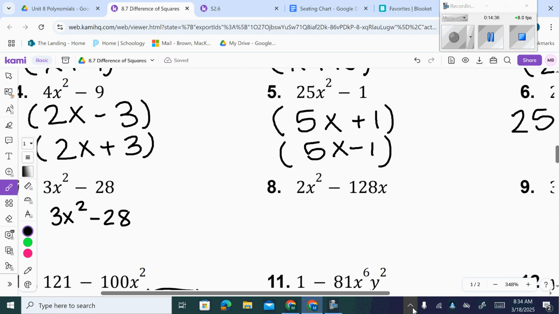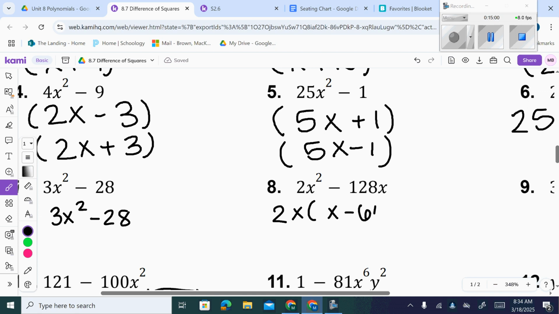So I can't do difference of squares. Now I'm going to check for what? GCF. What goes into 2 and 128? 2, and they both have an x. So if I have 2x squared and I take out a 2x, what's that just going to become? 1x. X, good. Minus 6.